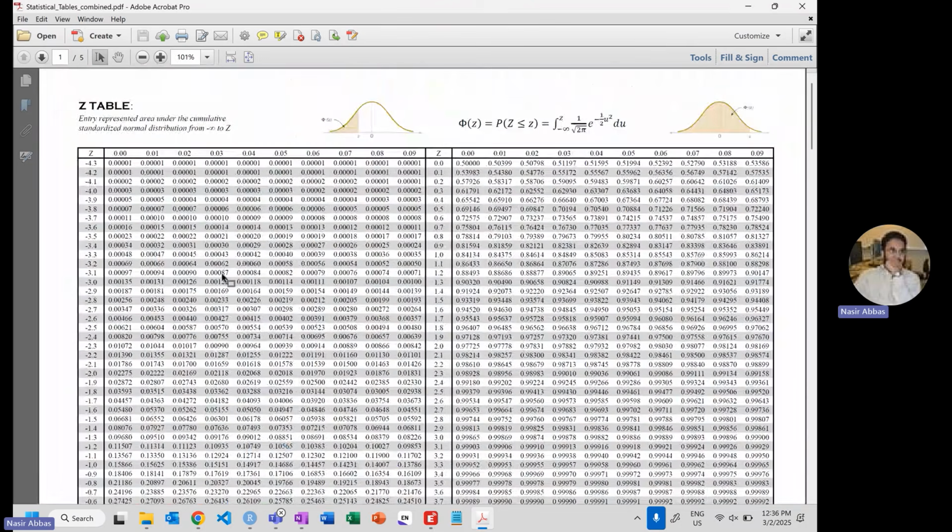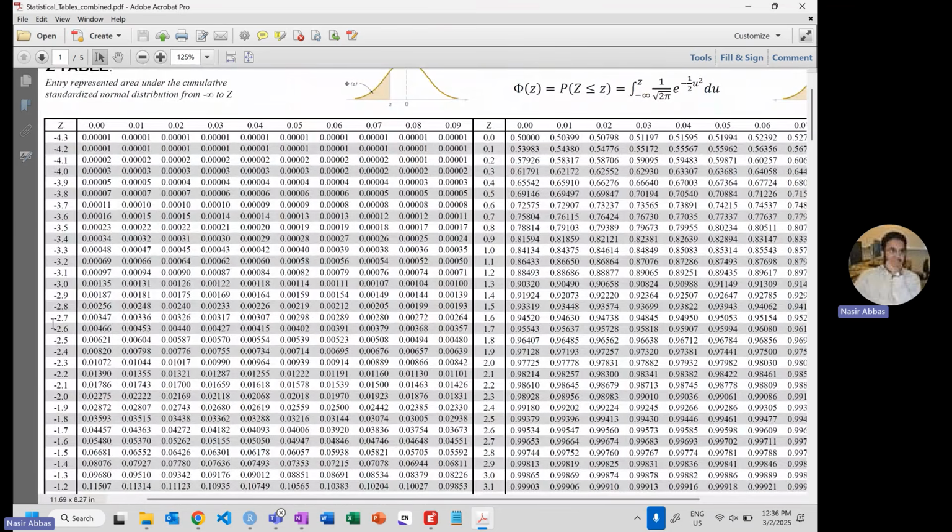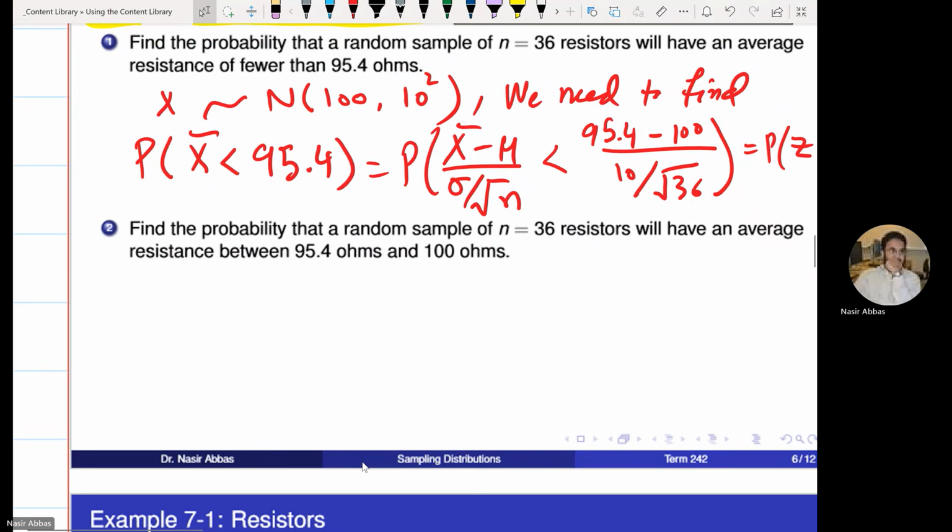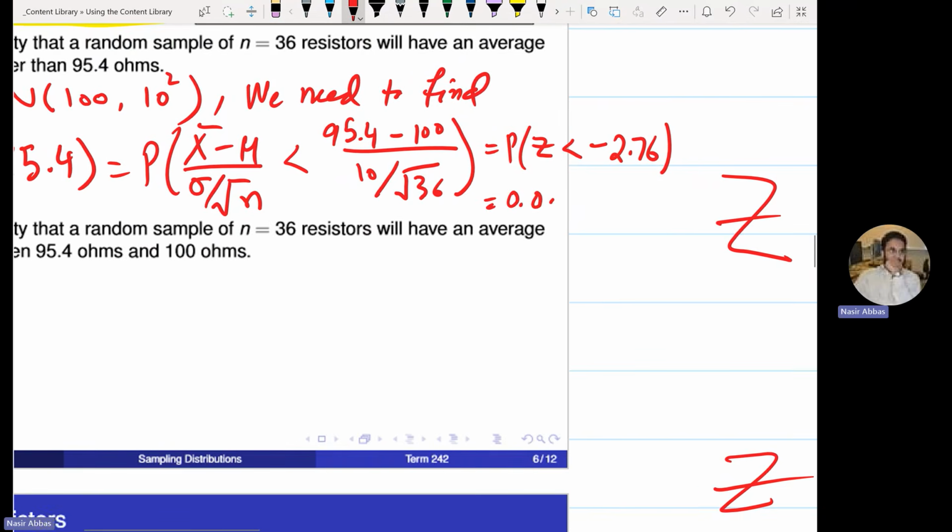Left side. So let's go to the left side and highlight the minus 2.7 row. What is the area under minus 2.76? 7, 0, 1, 2, 3, 4, 5, and 6. 0.00289. Zero point zero zero two eight nine.